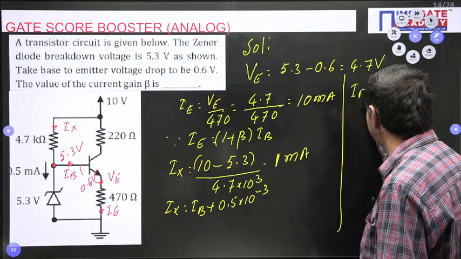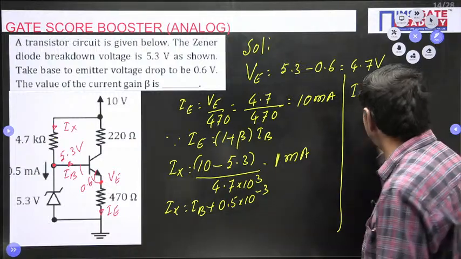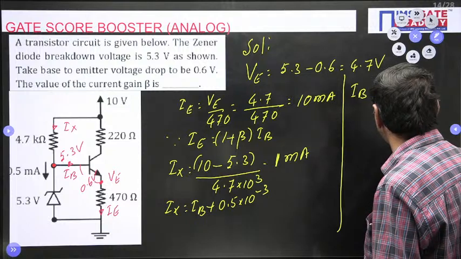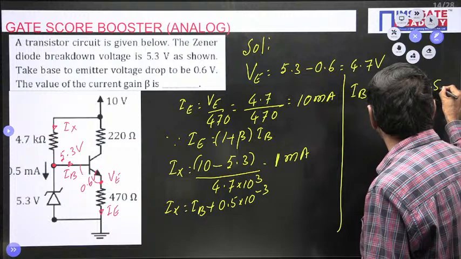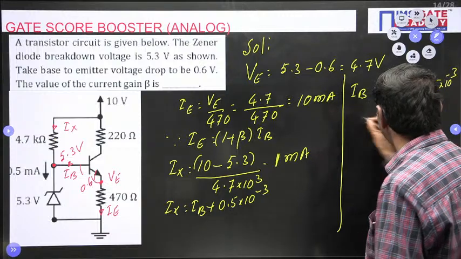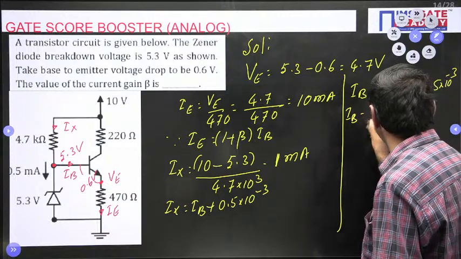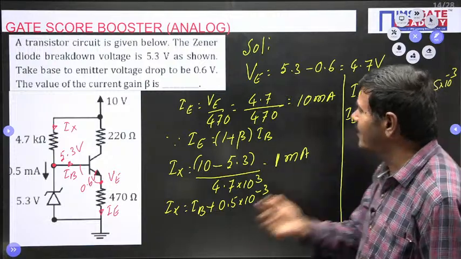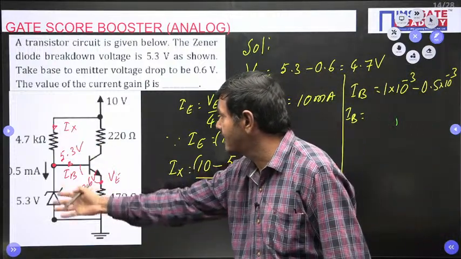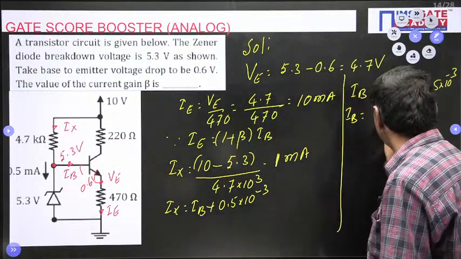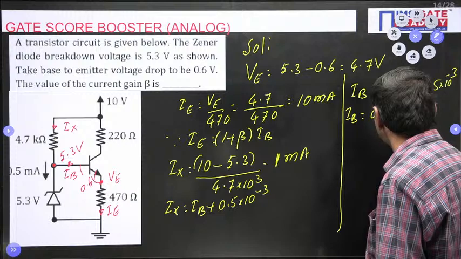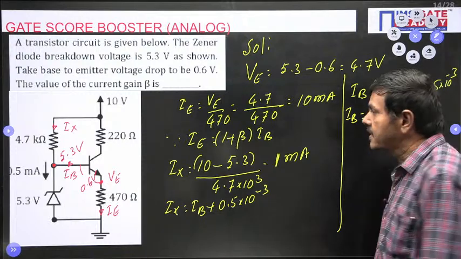IB is nothing but IX, 1 times 10 power minus 3, minus 0.5 milli. Finally, the base current equals 0.5 milliamperes. That much base current is possible.